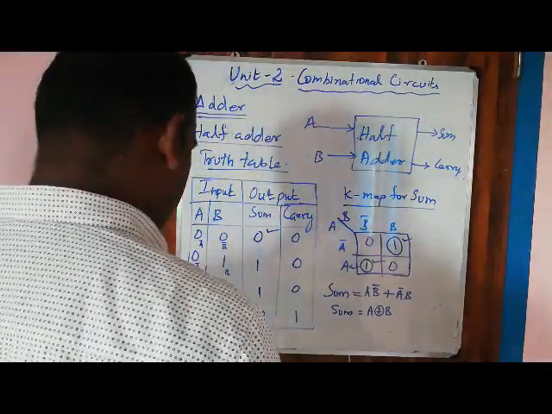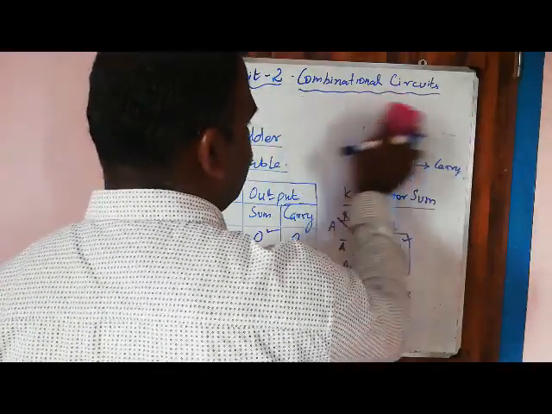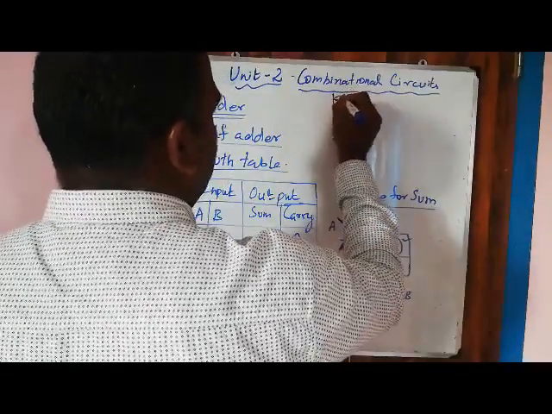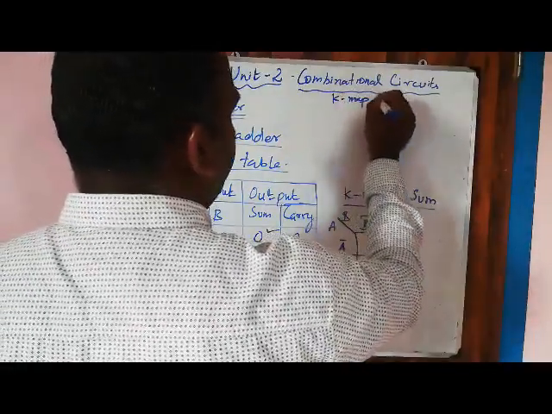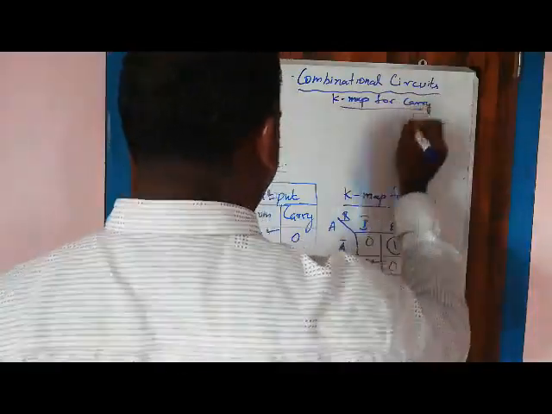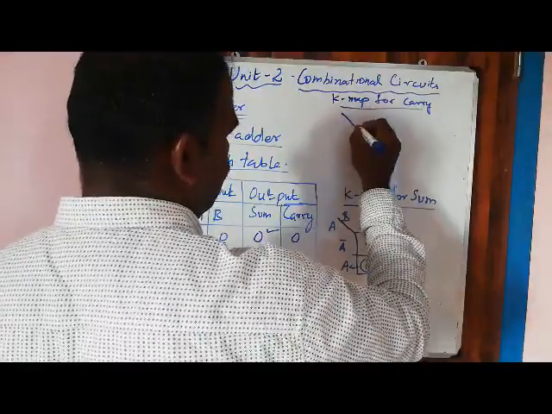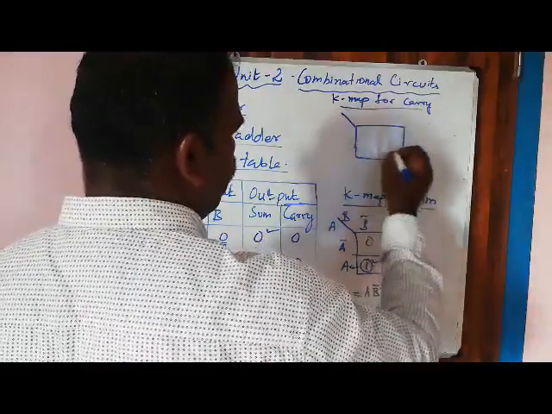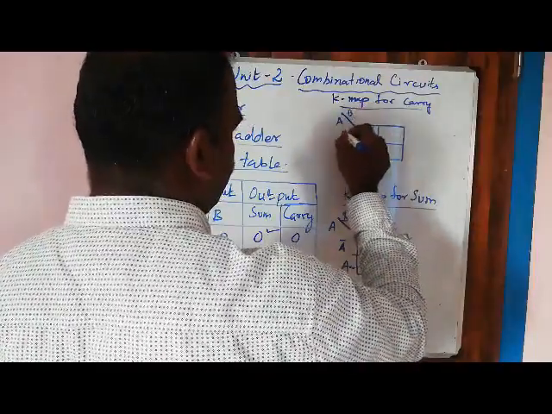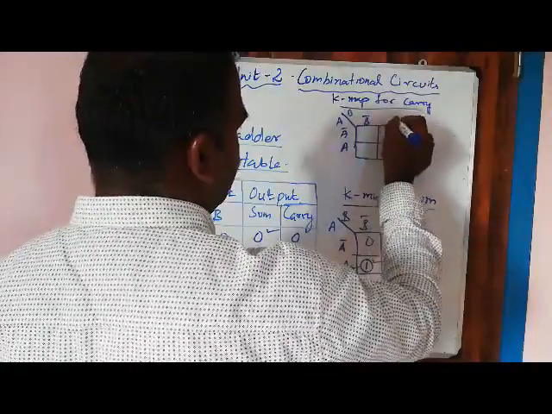Okay, similarly we have to draw the K-map for carry. So two variables A, B: A bar, A here, B bar, B here.